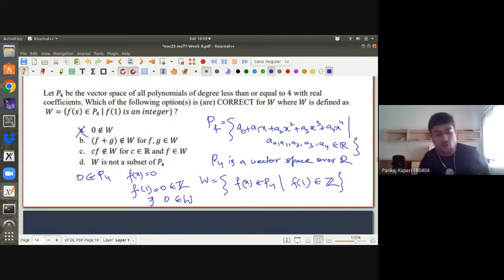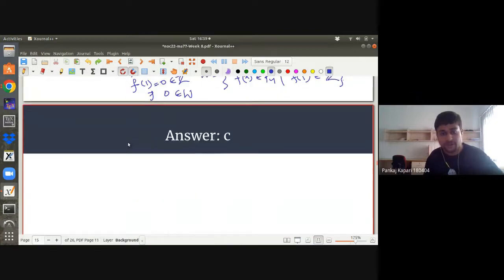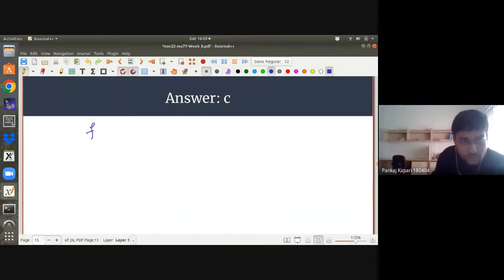So this is wrong. Now, if we have two elements f and g from W, is it true that their sum lies inside W? If you take two polynomials f and g from W, then f(1) and g(1) belong to the integers.